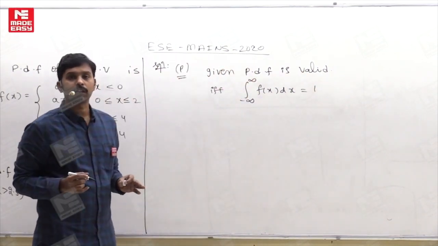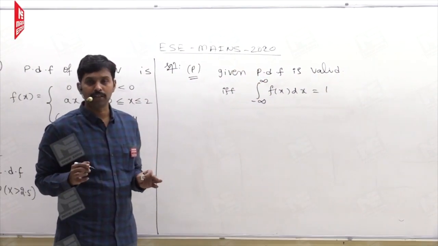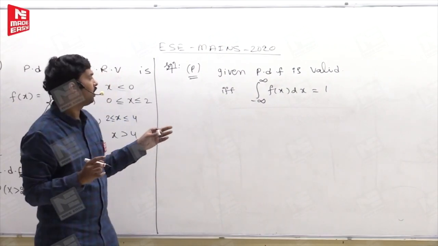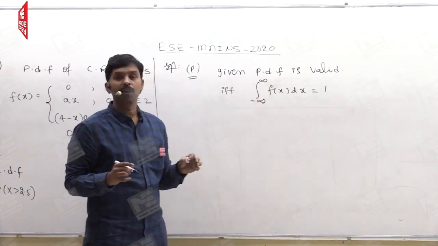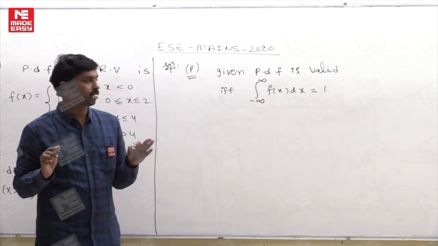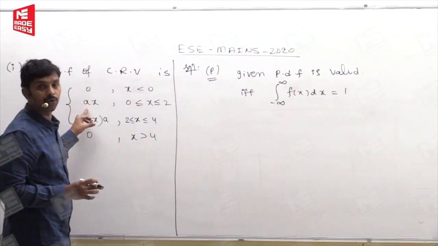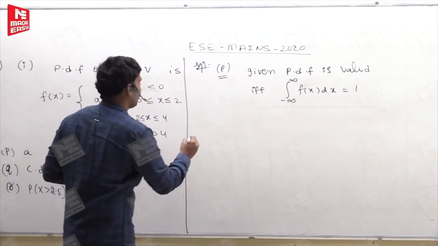That means the total area under the curve f of x from minus infinity to infinity should be 1 here. Then only this f of x can be treated as a valid probability density function. So using this condition, we can find out this arbitrary constant a. Let's see how we are finding it.